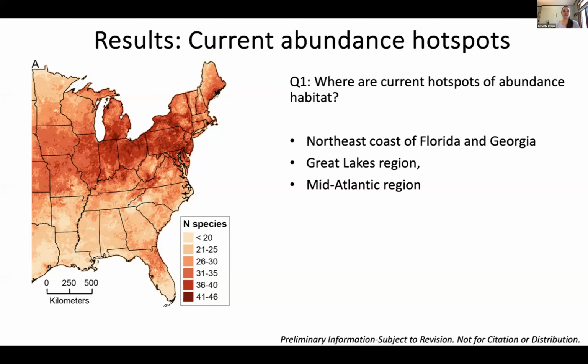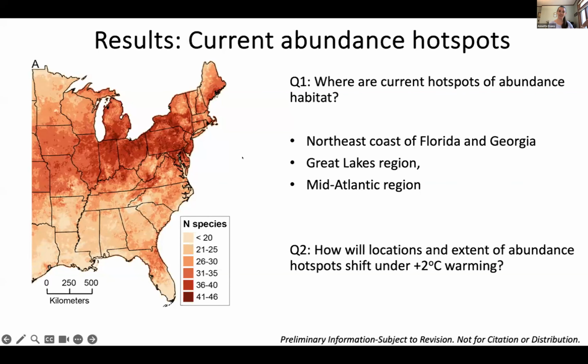What we see is that based on current climatic conditions, there are 3 general regions that serve as hotspots where a large number of invasive taxa can reach high abundance. Those are the northeast coast of Florida and Georgia, down here, the Great Lakes region, and the Mid-Atlantic region. So you can see this big band of red in the north of the United States.